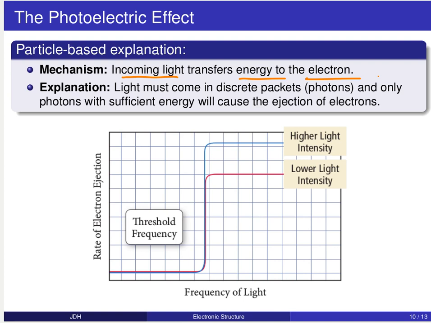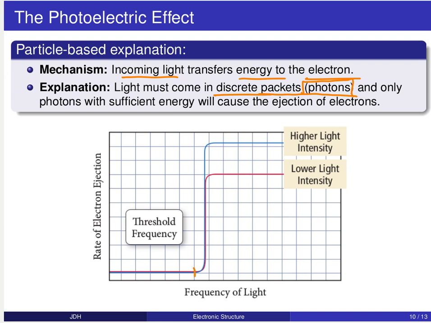In the particle view, what's happening is basically you have these little photons coming in, these little packets of light. They're discrete packets, you guys might have heard that term before. So we've got little photons coming in, and it's only photons with sufficient energy that will cause the ejection of electrons.